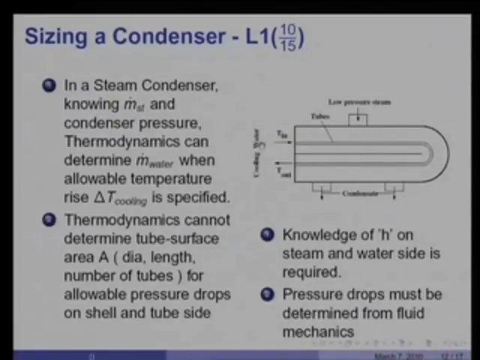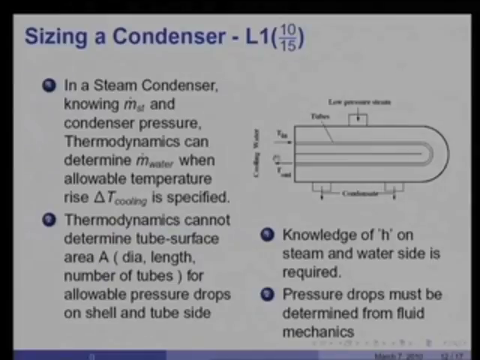The cooling water will enter at a low temperature T_in and would come out at the temperature T_out, and the steam would condense and the condensate would be collected at the bottom of the condenser. So, in a steam condenser, knowing the mass flow rate of steam and the condenser pressure, thermodynamics can determine the mass flow rate of cooling water required when the allowable temperature difference T_out minus T_in is specified.